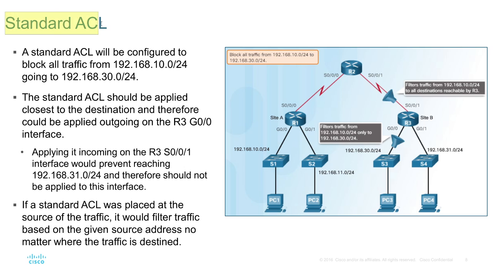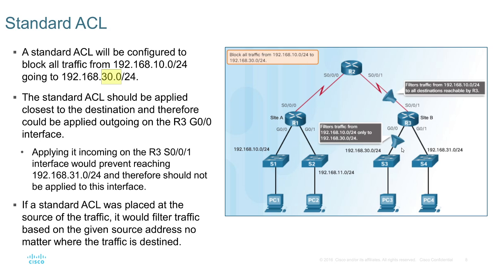If we look at the standard ACL first, it is normally configured to block traffic. In this case, for example, we want to block all traffic from this network going to this network, that is, all traffic originating from 10.0 going to 30.0. That is what we are trying to control.